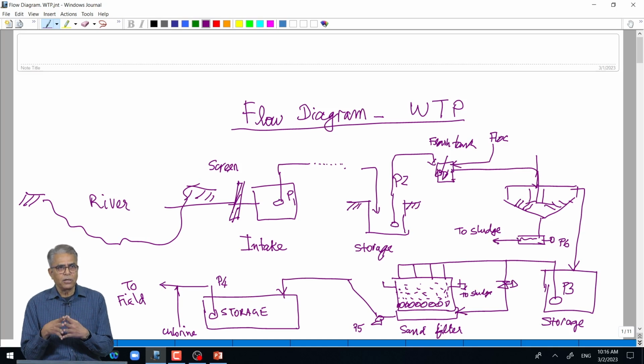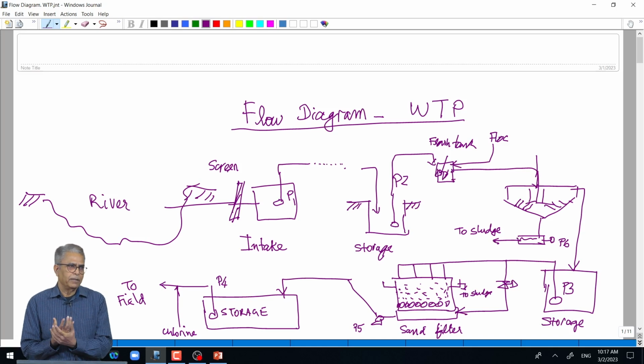Now, at this time all the gross impurities in the water are removed hopefully, but still there will be some amount of small sand, mud, whatever, it is turbid, water will usually be turbid from the river. So, you take that water to a flash mixer. Flash mixer is just a small high speed stirred tank reactor, more or less, with small residence time, to which you add a chemical called flocculant.